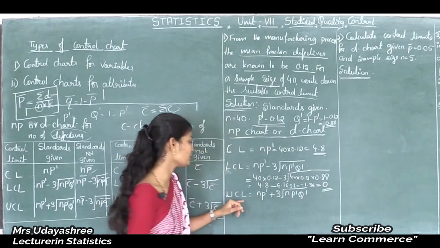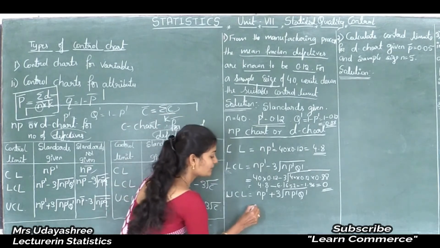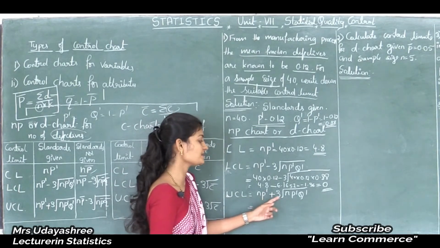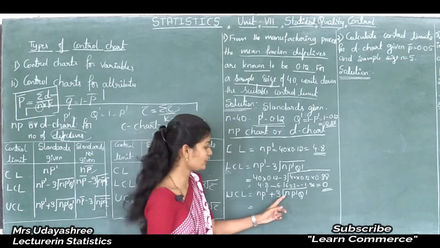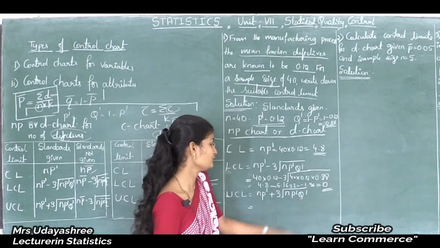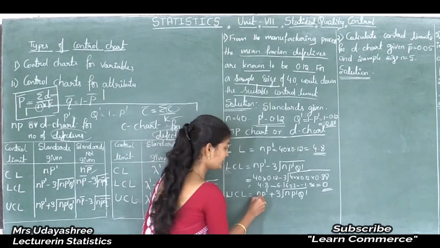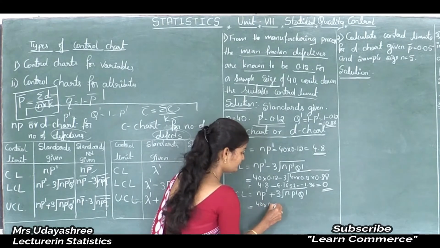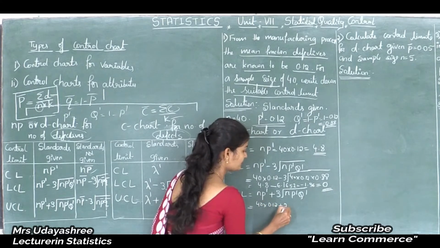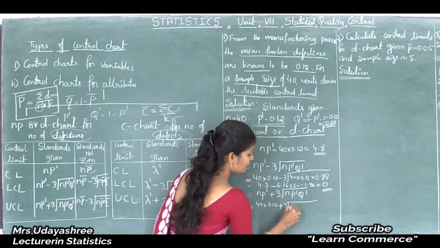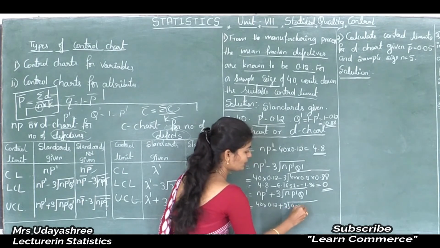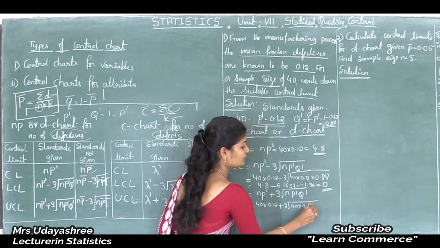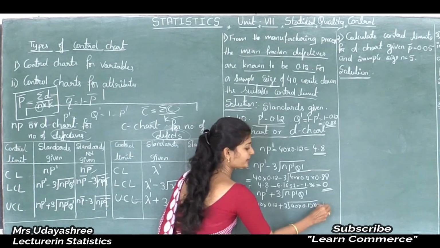Next, how to calculate the upper control limit? The upper control limit formula is np dash plus 3 into square root of np dash q dash. Here n is 40, p is 0.12, plus 3 into square root of 40 into 0.12 into 0.88.